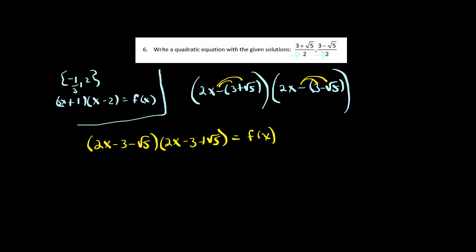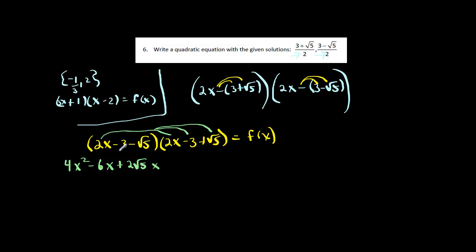So what we can do now, because we have 3 terms times 3 terms, we can distribute this term into all three terms over here. So 2x times 2x is 4x squared. 2x times negative 3 is negative 6x. 2x times root 5 is 2 root 5x.